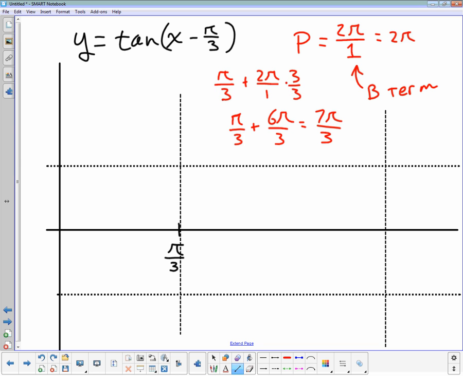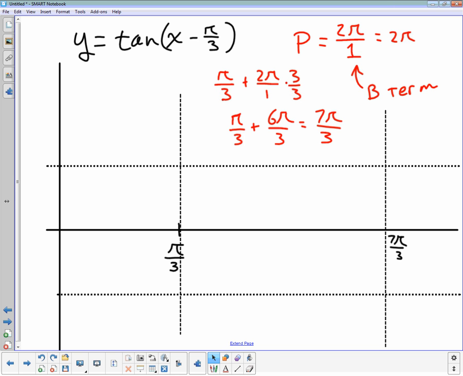I'm going to say that is 7 pi over 3. I don't really care. Get big and wide and as big as you'd like.